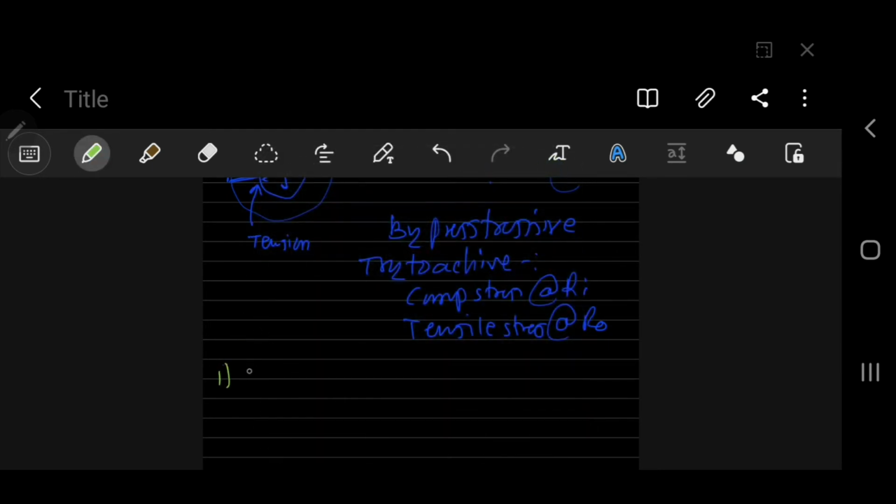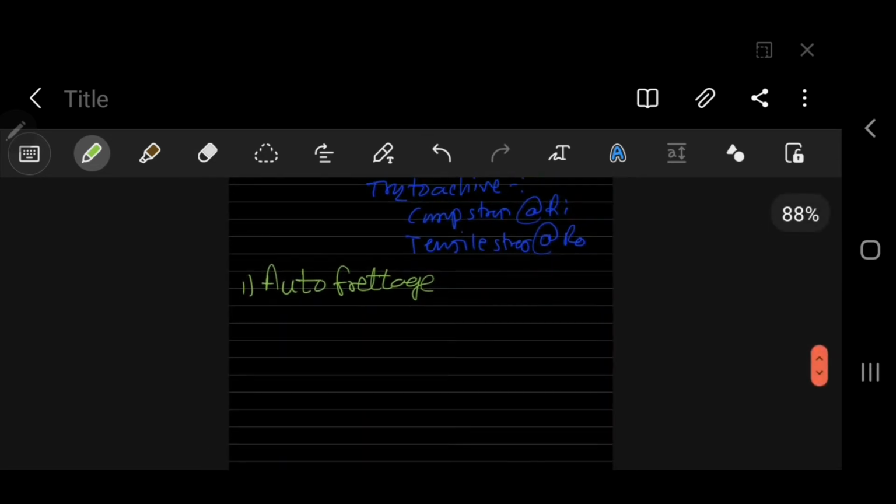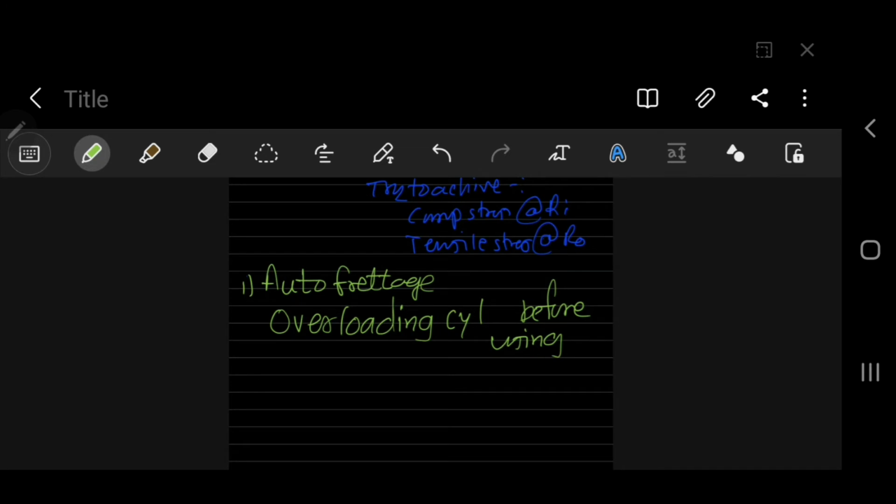The first method is autofrettage. So what is this method? In this method we are overloading a cylinder. In simple words, just remember, overloading a cylinder before using it is called autofrettage.